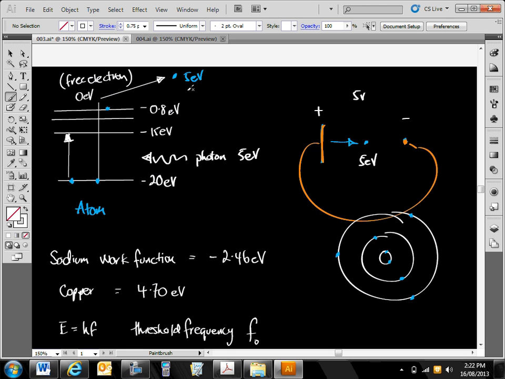Its speed is related to that. Its velocity by this K equals half mv squared. So that's how energy and velocity are related. The mass is fixed for an electron, of course. So at 0 eV, it has no energy, no velocity. It's free of the atom, but it's not going anywhere. We have to give it a little bit more to make it go somewhere.